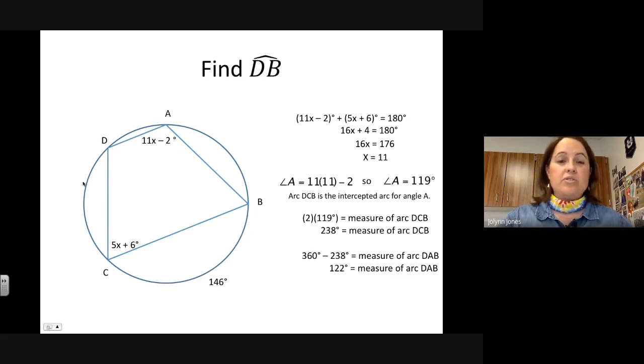If the whole circle is 360, I just have to subtract the 238 degrees, and that tells me that the minor arc DB is 122 degrees. You could have used this one over here to figure that out as well. If I had substituted x equals 11 into here and then multiplied that by 2, that would give you this part. But I also wanted to show you that there's more than one way.